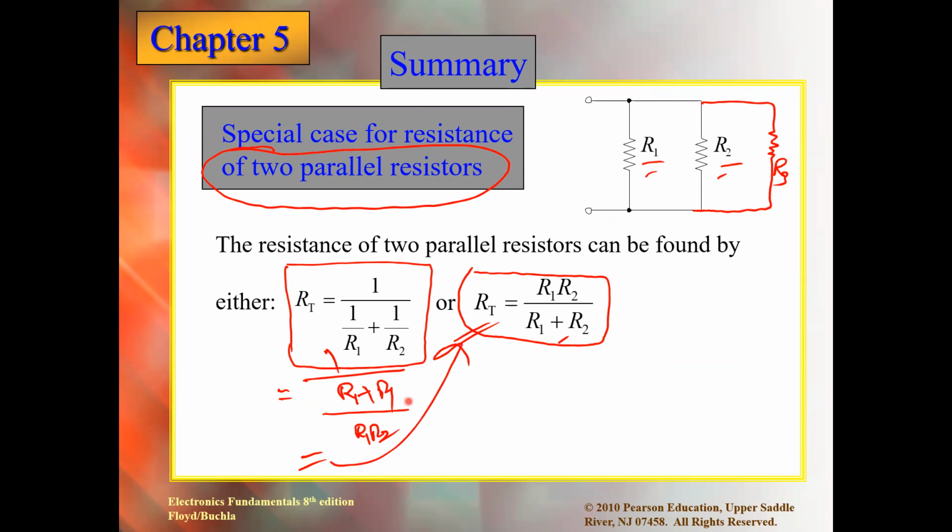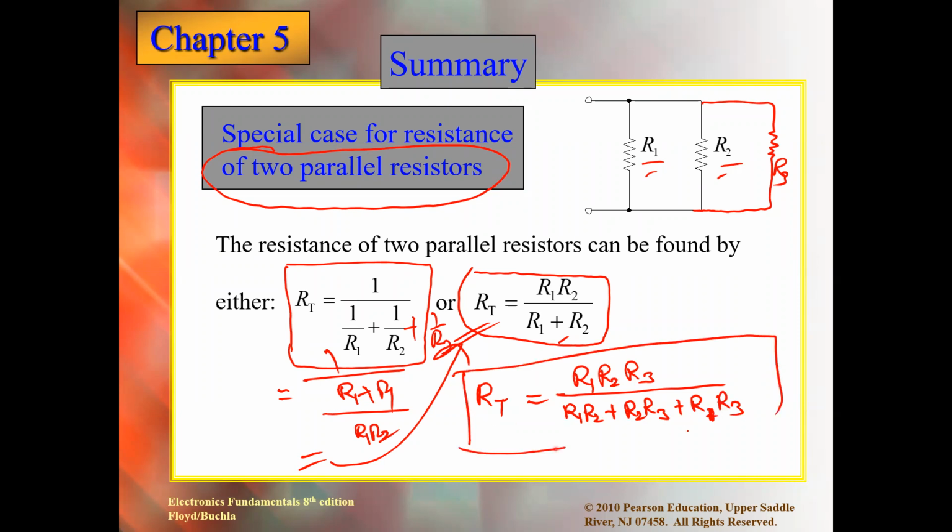Though you can consider one more here, and that will come like that. If you want to remember it, RT is equal to R1 R2 R3 over R1 R2 plus R2 R3 plus R1 R3. Okay, so this is again a simplified version when three resistances are in parallel. Is it clear, guys?